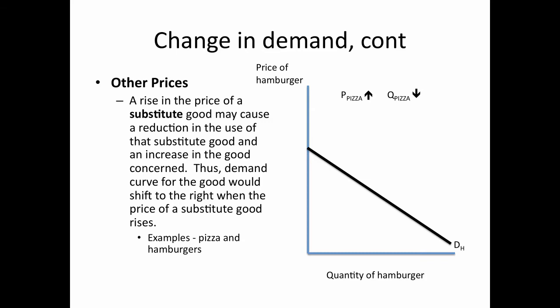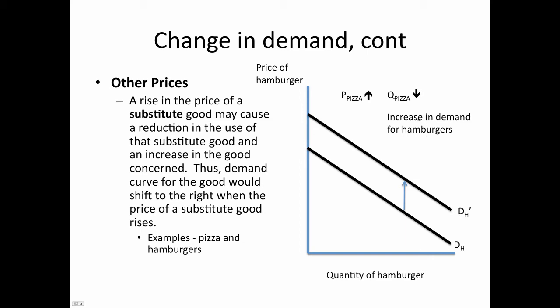But because pizza and hamburgers are substitutes, what's really going on is that the consumer is consuming fewer units of pizza, but more units of hamburgers. We capture this in the diagram by shifting the demand curve up. We say that there's an increase in demand for hamburgers from DH to DH prime.